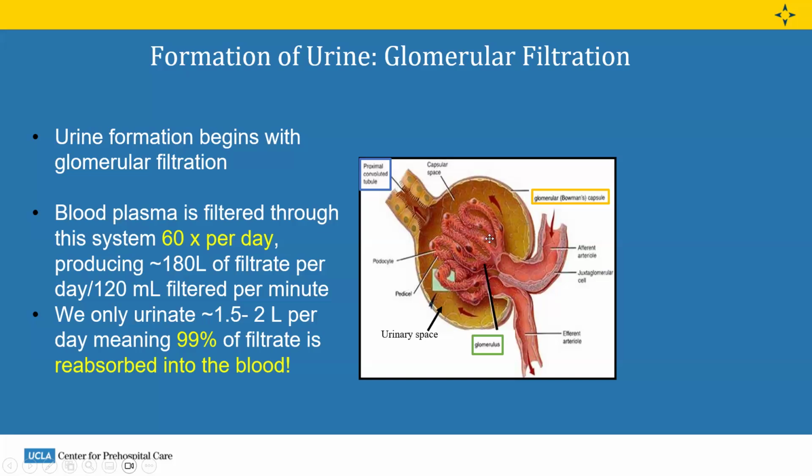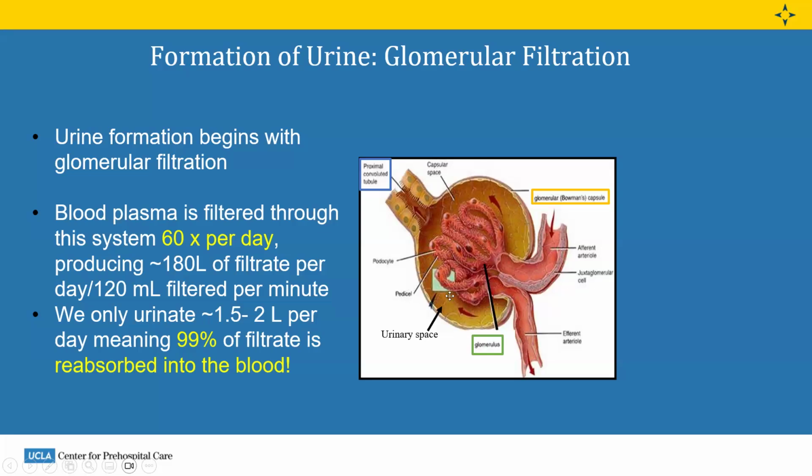So our blood plasma actually is filtered through the system around 60 times a day, which is pretty incredible. So we produce about 180 liters of filtrate per day, right? So filtrate is just the fluid that collects in this capsule from our plasma.